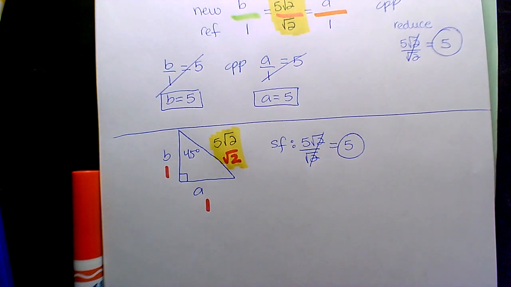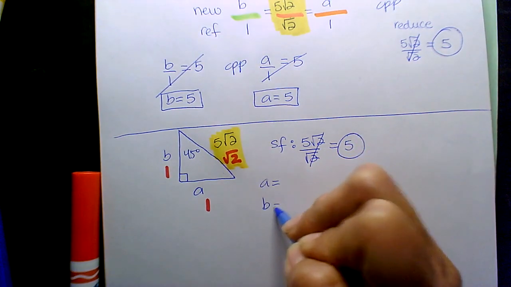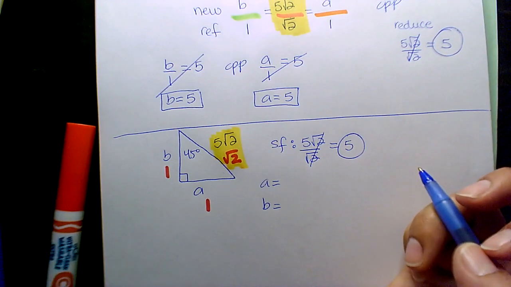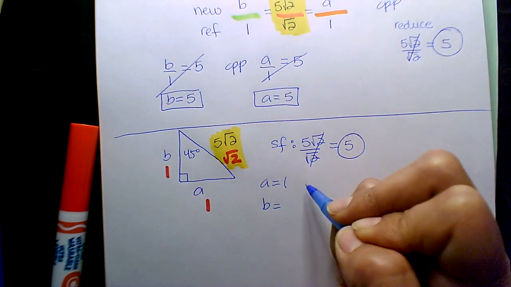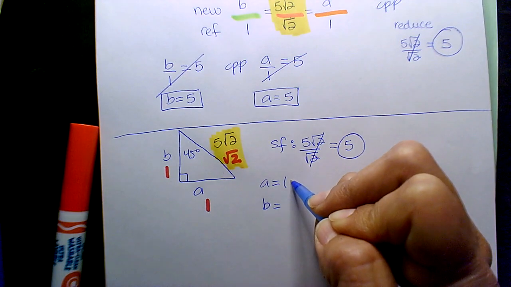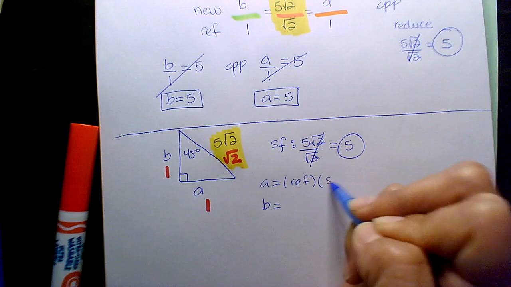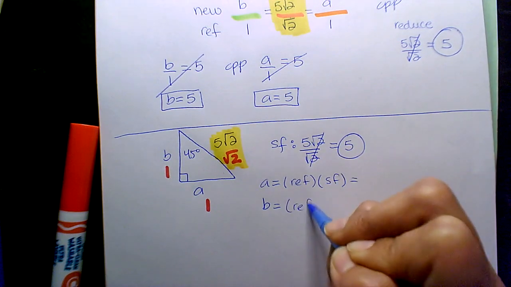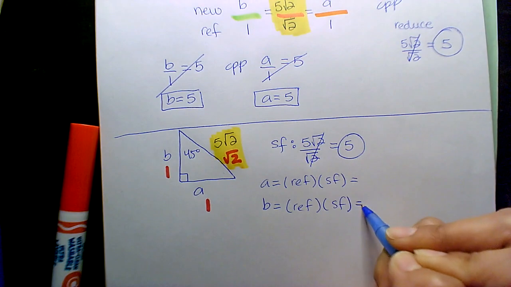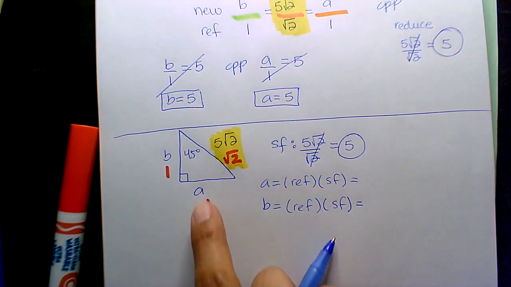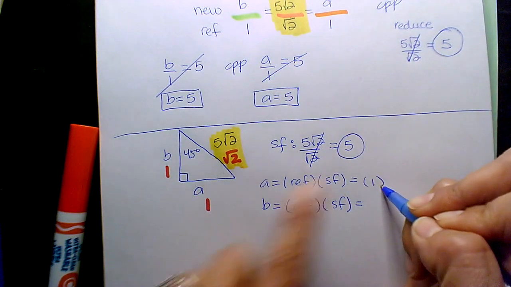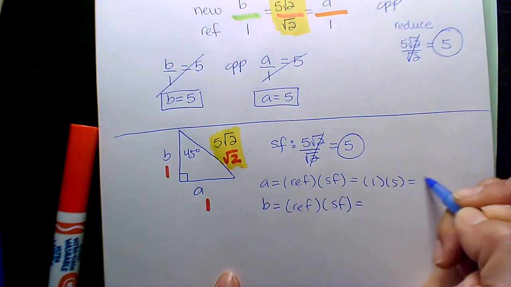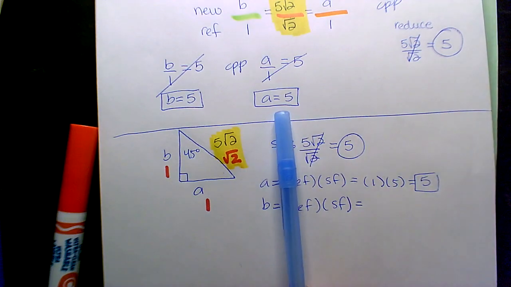Now, how do you find your unknown side lengths? Okay, I'm not going to solve it yet. Hold on. You're going to grab that red marker. So if I want to solve for A, what's the reference side length? 1 times my scale factor 5, and so there's 5, which is what we got here.